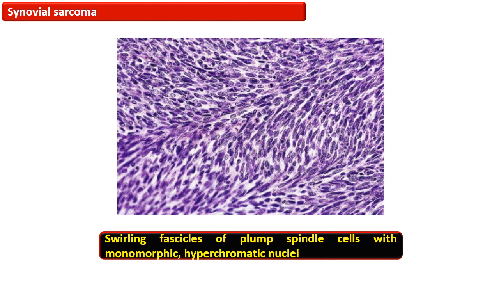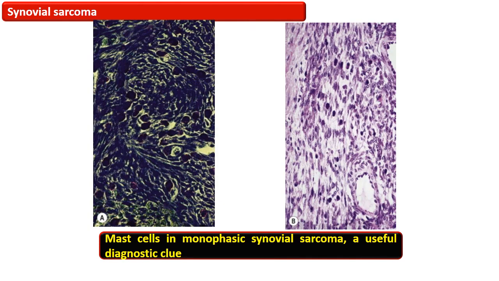This is the high power view of the same monophasic synovial sarcoma, which more clearly shows the swirling fascicles of plump spindle cells. The presence of mast cells in the monophasic synovial sarcoma is an important diagnostic clue, and these are stained by toluidine blue.